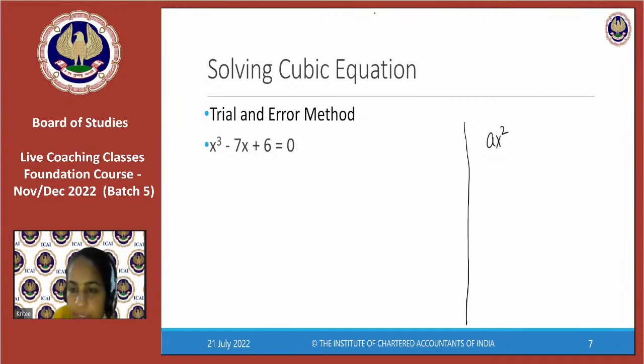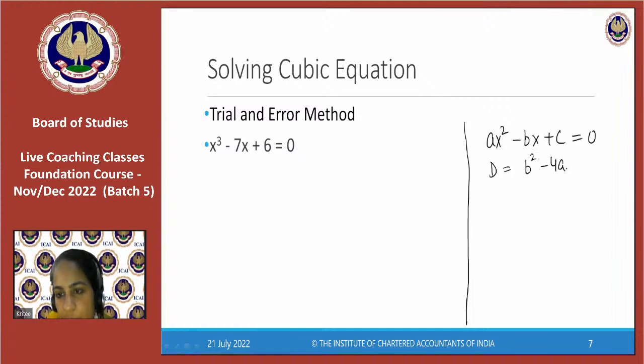If I have equation ax square plus bx plus c equals 0, I find out d, discriminant, which is equal to b square minus 4ac. Then I find out the value of x, which is equal to minus b plus or minus square root of d upon 2a.